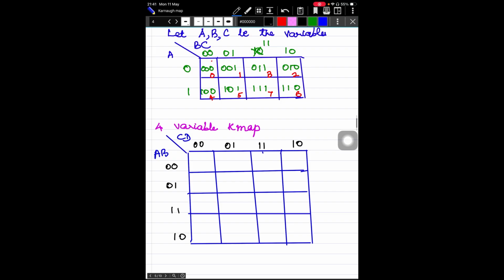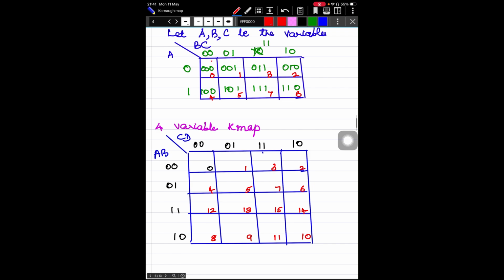So this will be 0, 0, 0, 0 is 0, 0, 0, 0, 1 is 1, 0, 0, 1, 1 is 3, 0, 0, 1, 0 is 2, 0, 1, 0, 0 is 4, 0, 1, 0, 1 is 5, 0, 1, 1, 1 is 7, 0, 1, 1, 0 is 6, 1, 1, 0, 0 is 12, 1, 1, 0, 1 is 13, 1, 1, 1, 1 is 15, 1, 1, 1, 0 is 14, and here 1, 0, 0 is 8, 1, 0, 0, 1 is 9, 1, 0, 1, 1 is 11, and 1, 0, 1, 0 is 10.